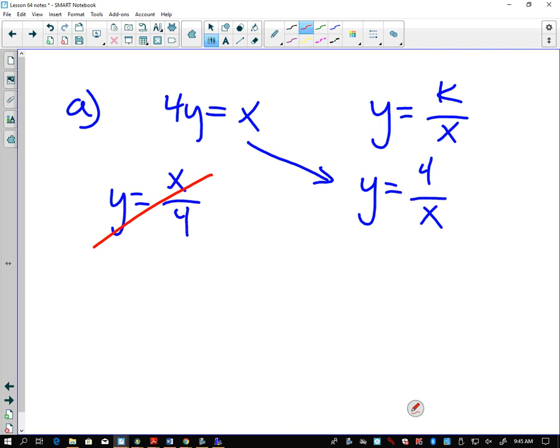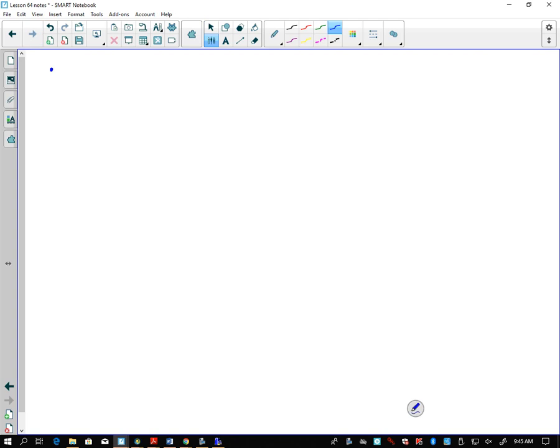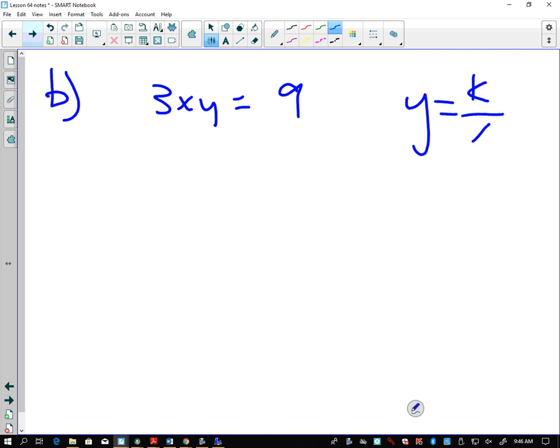Okay, are we concerned about B? No? Yes? See, somebody's kind of concerned about B. Okay, well, what does B say? B says something like 3xy equals 9. Okay? So again, let's solve for y in this equation, and let's see if it matches our inverse variation of y equals k over x.